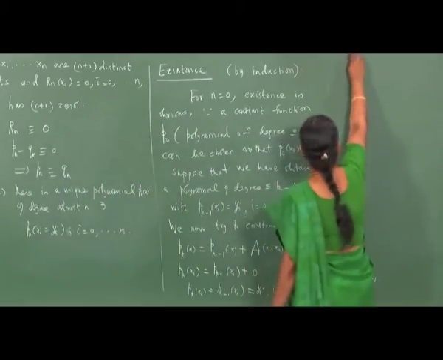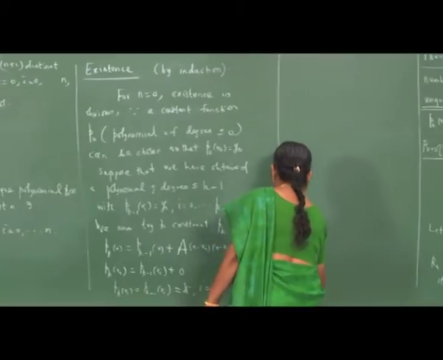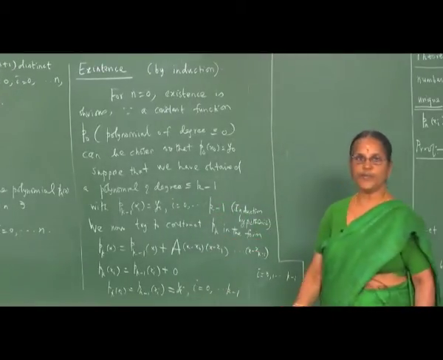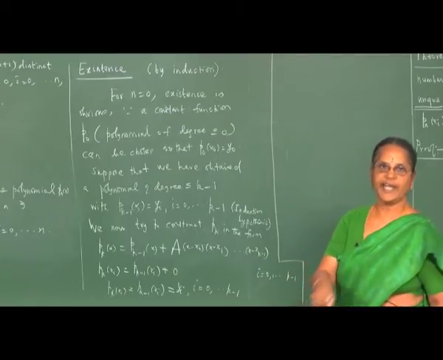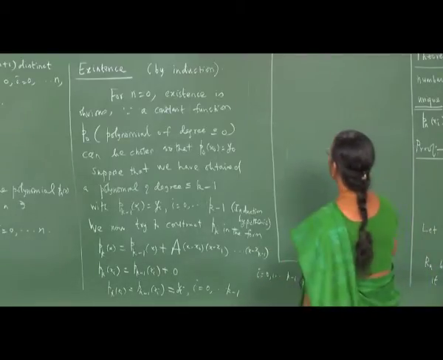But what do we want? We want this polynomial to be such that pk of xk must be yk. So, we impose that condition.